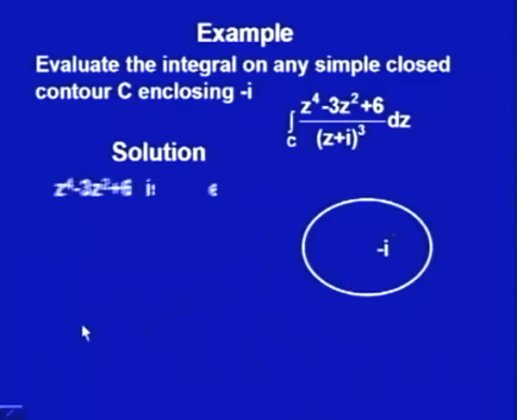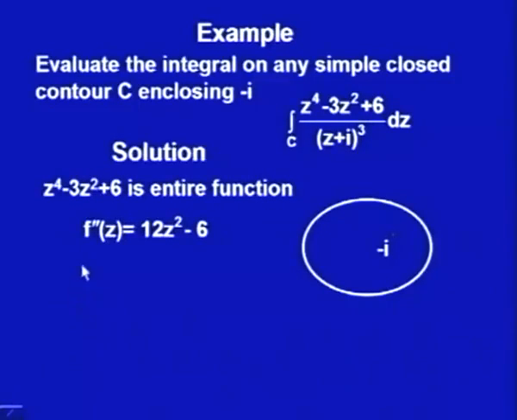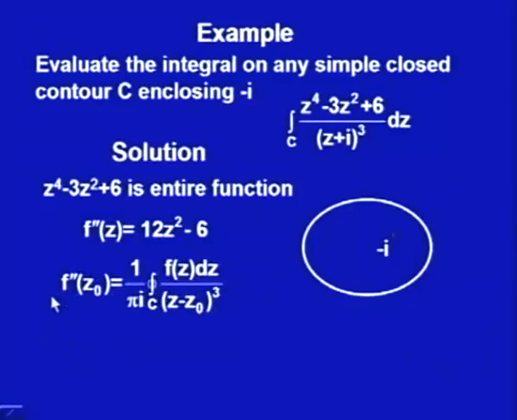That says I have to use the second derivative formula. So, this is an entire function, f double dash z. If I find f'(z), it would be 4z cube minus 6z, and taking the derivative again, I would get 12z square minus 6. The formula I would use is f''(z0) = 2 upon 1 factorial... that is, 2 upon 2 pi i, that is 1 upon pi i, integral along this contour C of f(z) upon (z minus z0) cube dz. Here, z0 is now minus i.